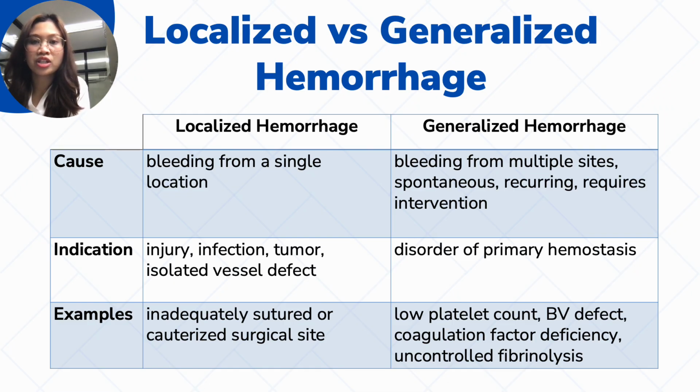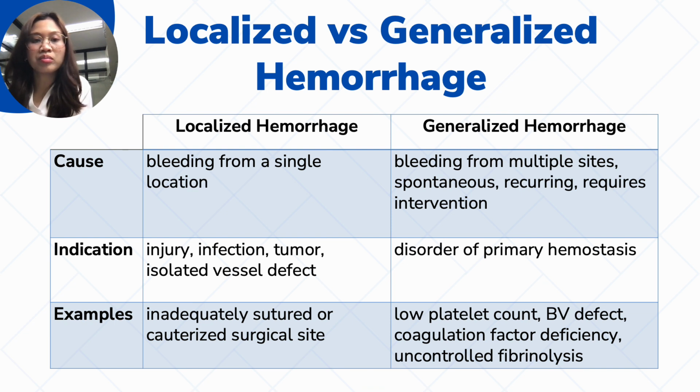Bleeding or hemorrhage can either be localized or generalized. A localized hemorrhage is one that occurs at a single location. This may occur in the presence of any form of injury, infection, tumor, or even an isolated blood vessel defect. Surgical sites that are not cauterized or sutured well can cause localized bleeding to occur.